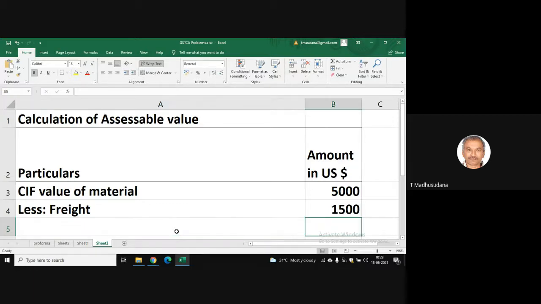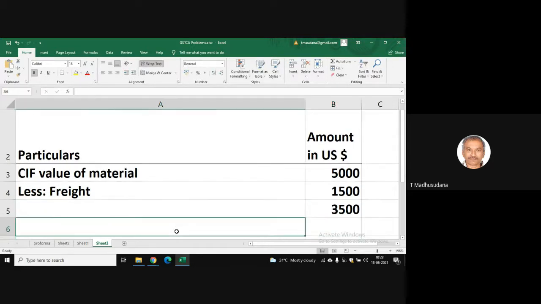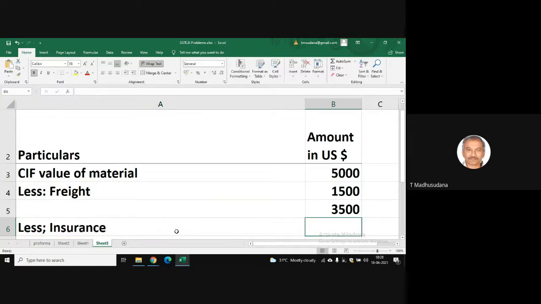So 5000 minus 1500 is 3500, and less insurance. The cost of insurance has not been given here, so you have to calculate 1% of CIF value.